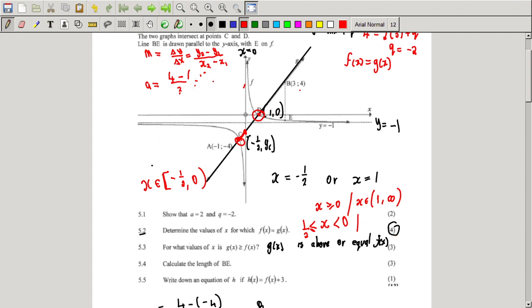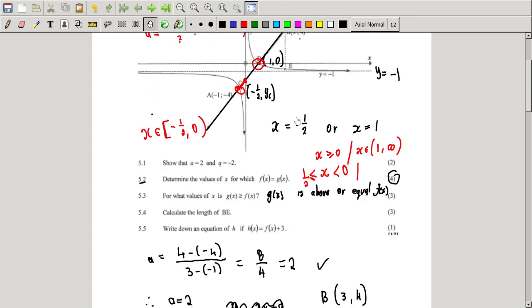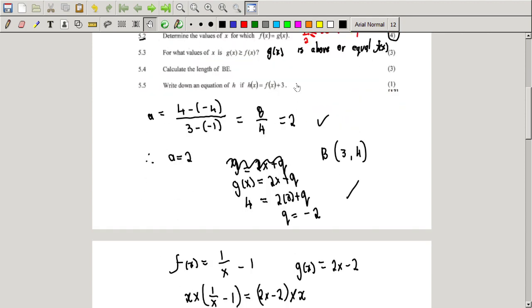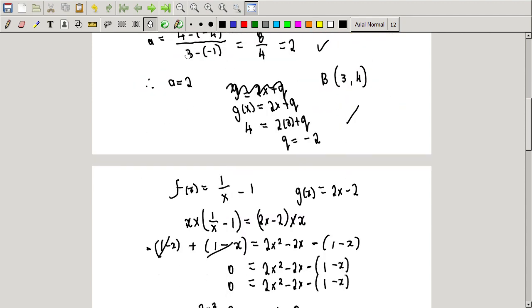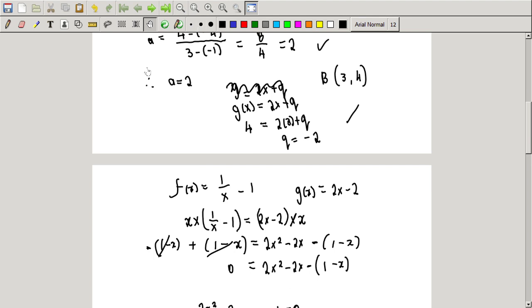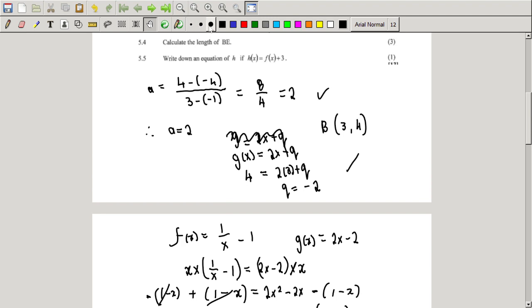Okay, let me go down and write the answers. Oh, I forgot to number these things. This is 5.1.